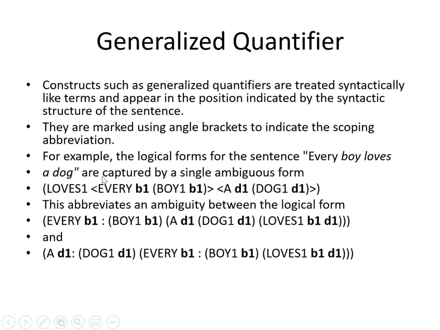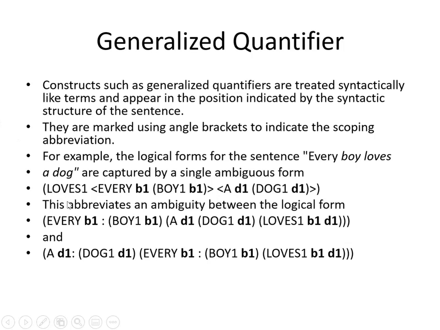It can be represented by this type of logical form: every B1, where B1 is boy, then a D1, where D1 is dog, and loves. Every boy loves a dog.